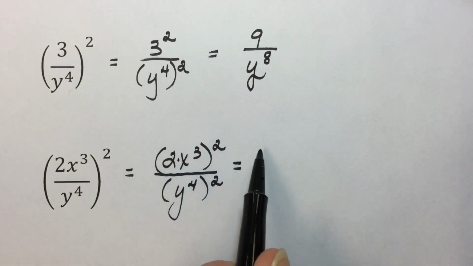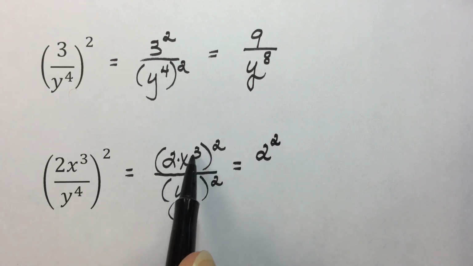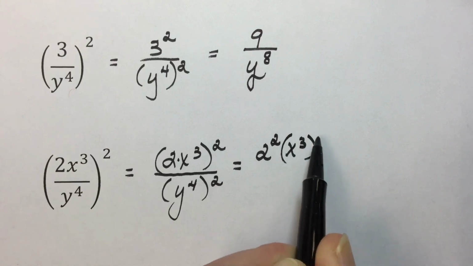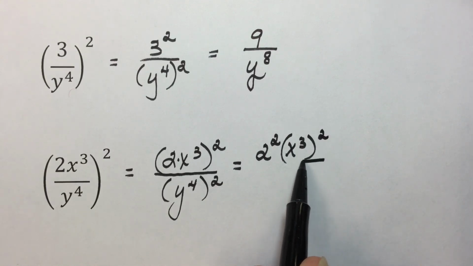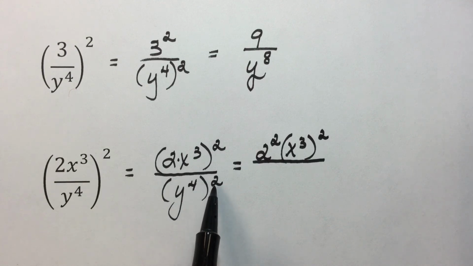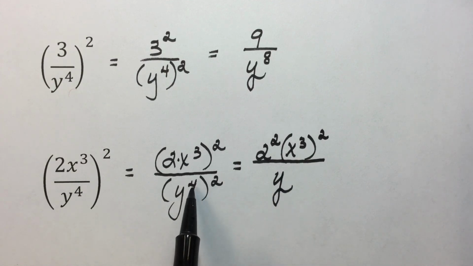The two factors here are 2, which will be raised to the second power, as well as x to the third power being raised to the second power. In the denominator, we have a power raised to a power, so we can simplify that with multiplication of those exponents. 4 times 2 is 8.